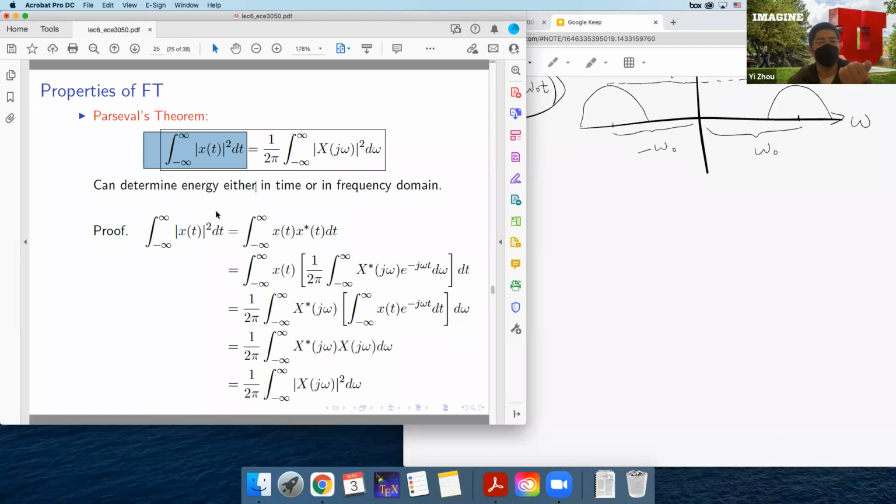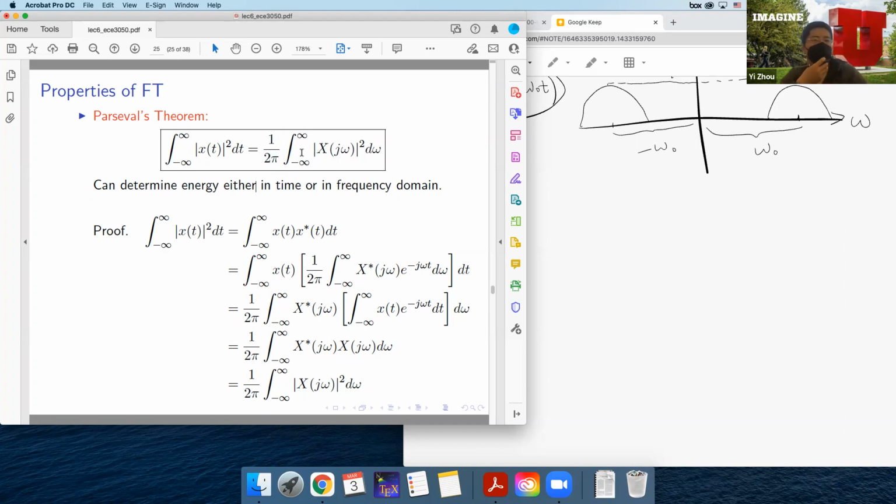In the frequency domain, how do we calculate the energy? We just integrate all the energy densities. So the magnitude of the spectrum to the power of 2 is the energy density. So we are integrating the density over the entire frequency domain. And this is just a normalization factor.